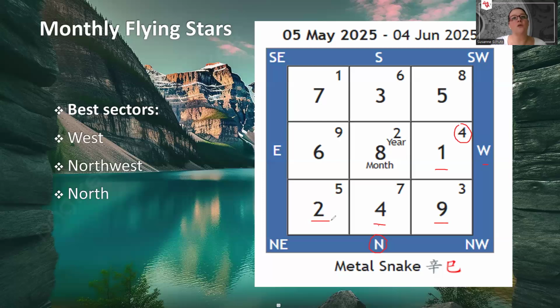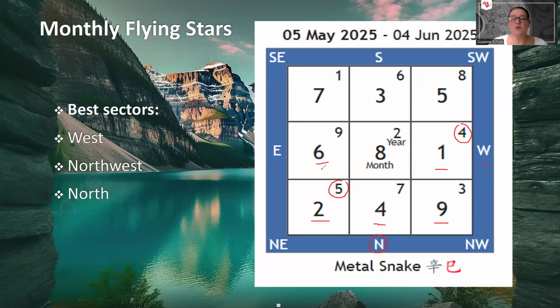For employees, not so much, but for business owners, this is a good sector to work in. However, be careful, because we do have the annual number 5 here. Make sure that you don't make impulsive financial decisions. Yeah, this is very, very important. Whatever you do, do your due diligence.